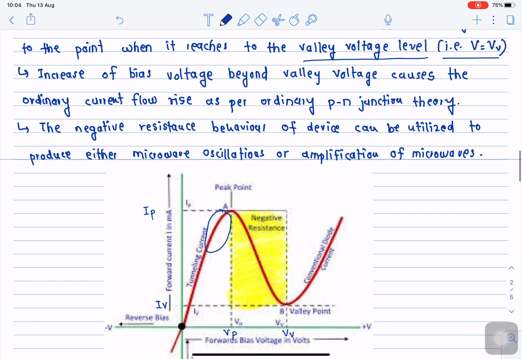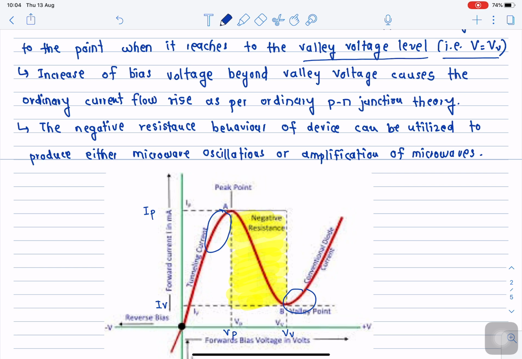When we increase the applied voltage beyond the valley voltage, this will again give rise to a flow of current as per the ordinary PN junction theory. After we exceed the valley voltage, the nominal current will start flowing through the diode, which is the same as the current in an ordinary PN junction.